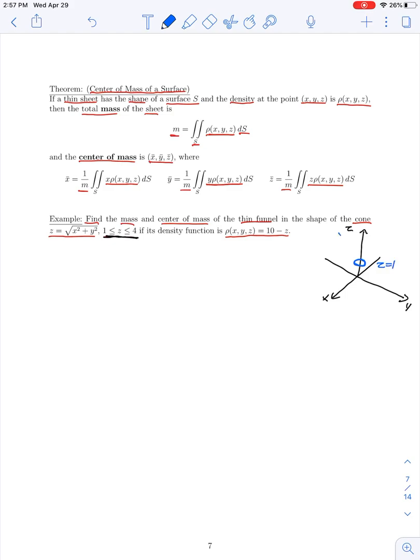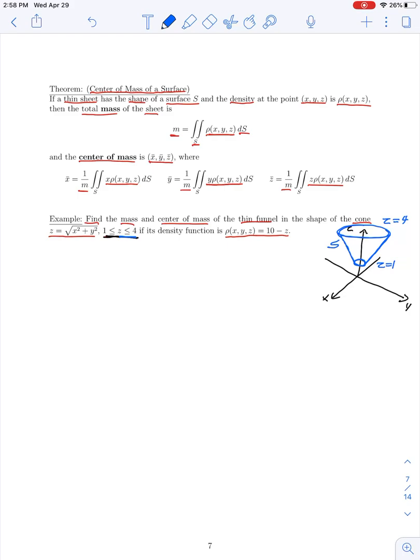And then our cone is becoming larger in radius, the larger that we choose the value of z. And then when z is equal to 4, the upper limit of our z value, we would have a circle of radius 4. So this is our surface S. It's part of a thin funnel here, or it looks like a funnel.